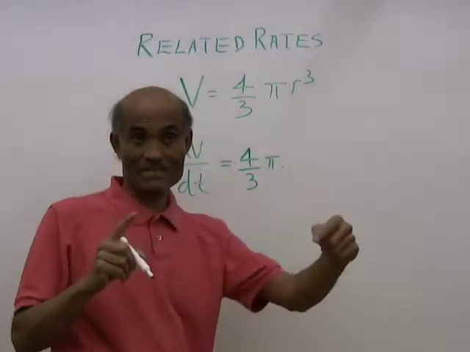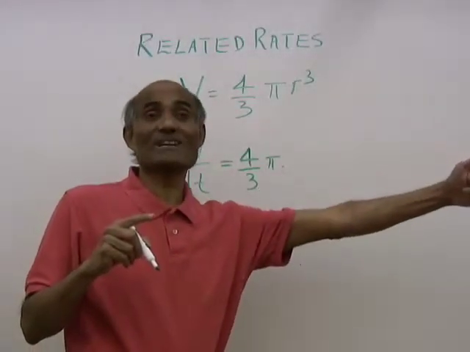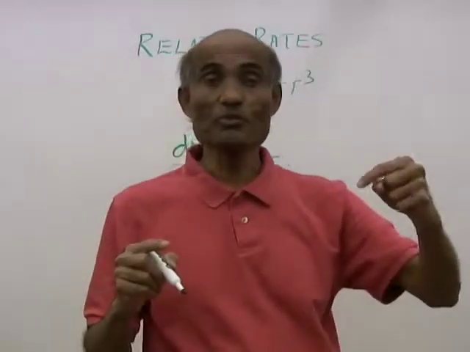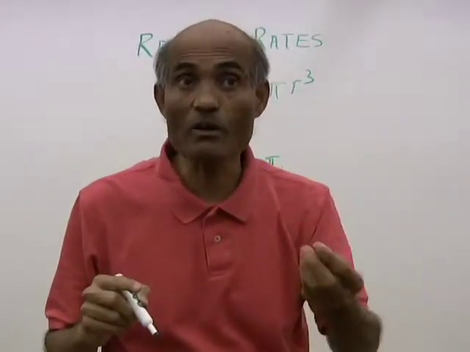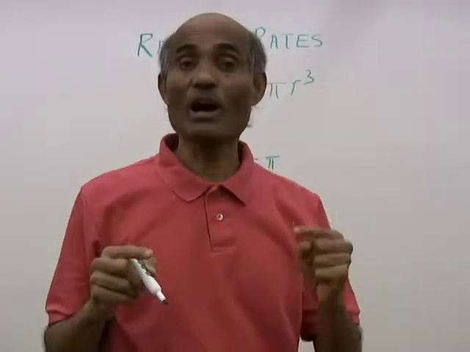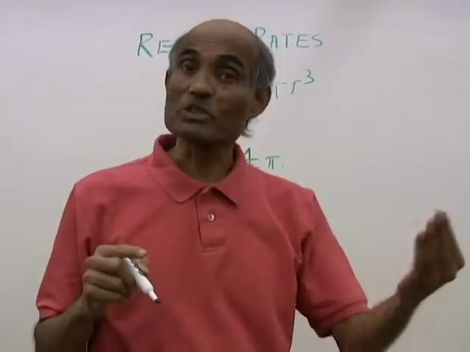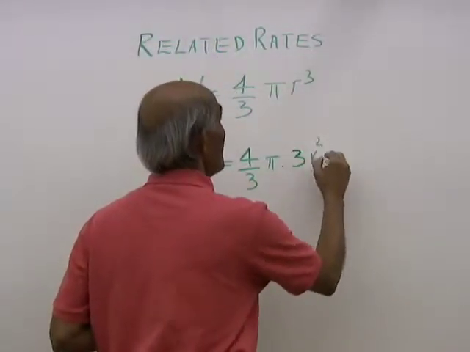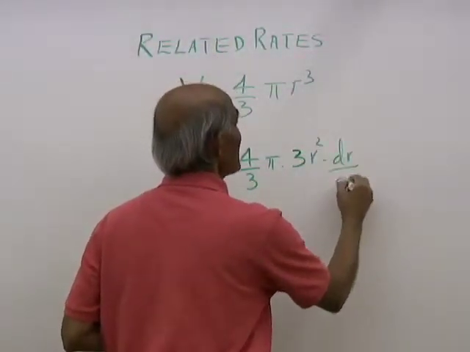Well, that's something that we have been doing in the past couple of lessons. The derivative of r cubed with respect to r is 3r squared. The derivative of r cubed with respect to t is 3r squared dr by dt.